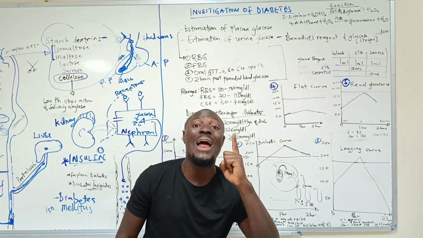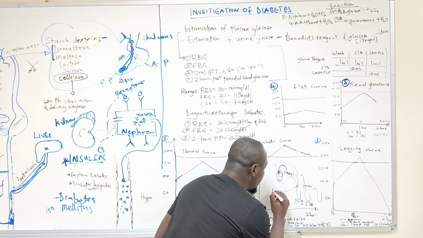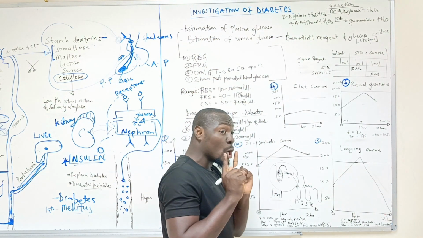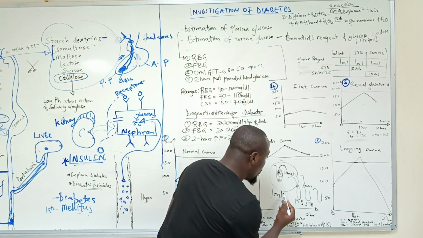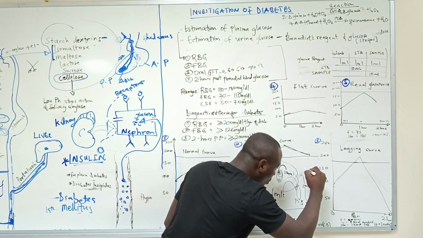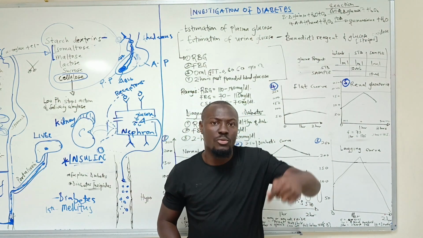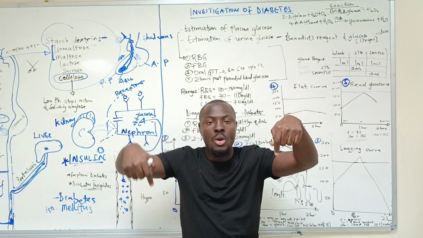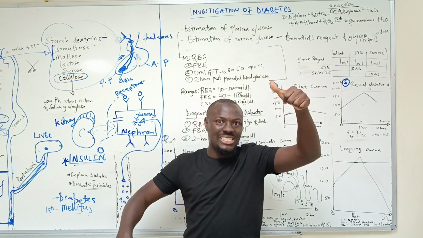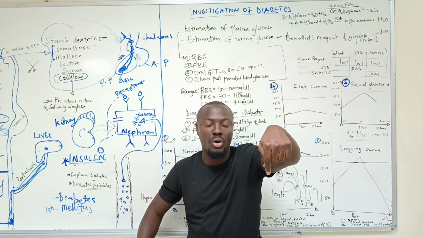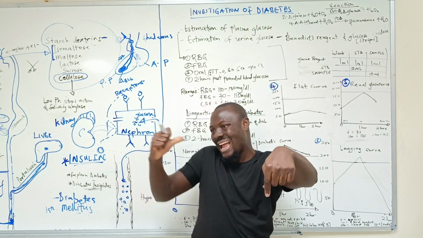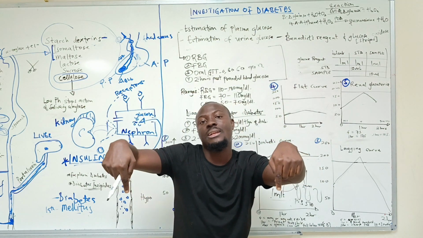We take 1 ml of the glucose reagent and put it in this, and we put that same 1 ml in this one too. So at the end of the day, we have 1 ml of glucose reagent, 10 microliters from the patient sample in our sample container, and 10 microliters of the standard we prepared in our standard.